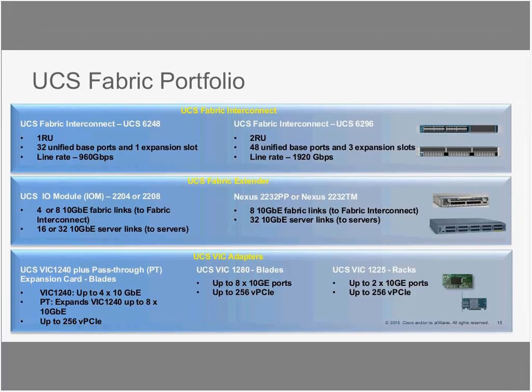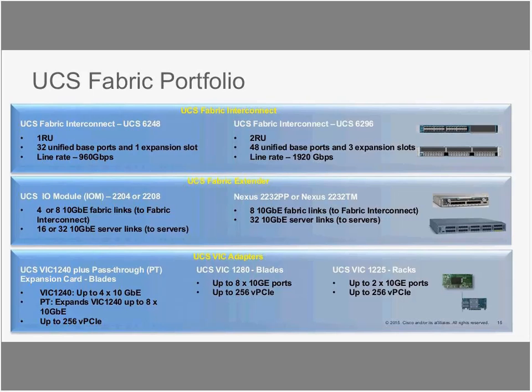All right, here's the portfolio. There's quite a variety of UCS components, and I am just going to focus on the Generation 2 modules. You've got the 6248 as well as the 6296. Basically, the difference is in the rack unit, port density, and how much bandwidth you want to pass through them.